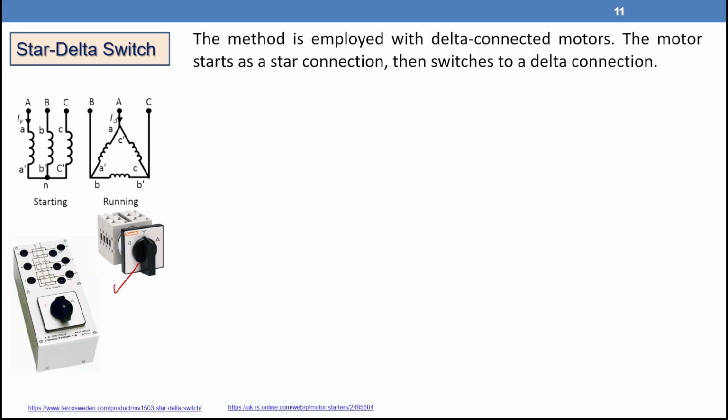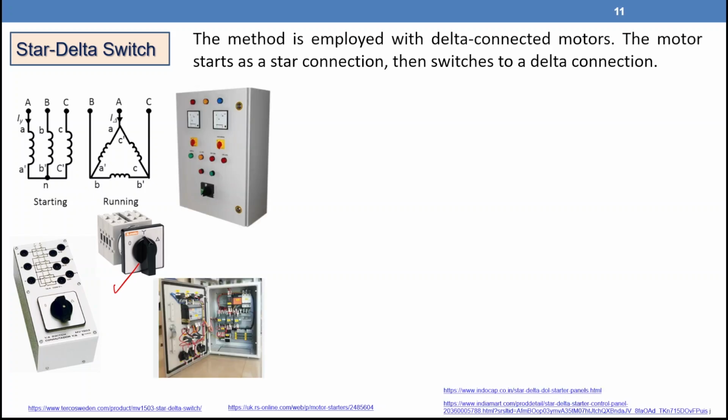But in industry or in real applications, something like swimming pool pumps or maybe irrigation pumps, we can use a star delta. We are not going to do that one manually. We need some contactors and relays and timers as well. Once the speed reaches more than 75% of the synchronous speed, we are going to convert from the starting mode with a star connection to the delta connection or the running mode.